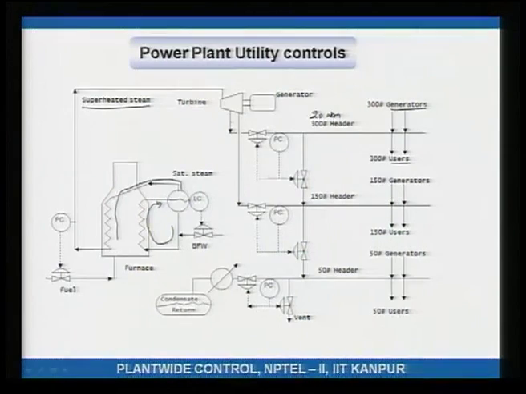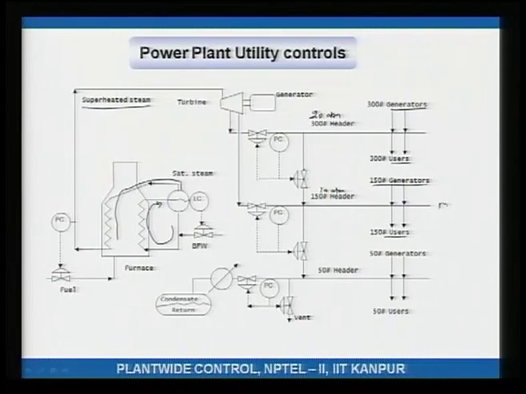Some of this high pressure steam has its pressure reduced using this valve, and then it is sent to a lower, 10 atmospheres or medium pressure, steam header. Medium pressure steam is used by many users and generated by many plants, and they are supplying and consuming steam from this medium pressure steam header.